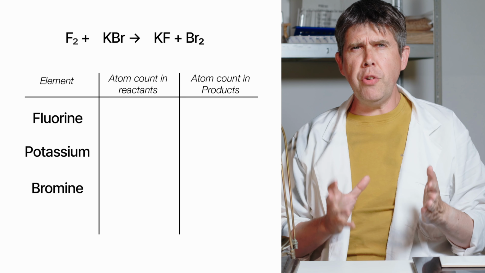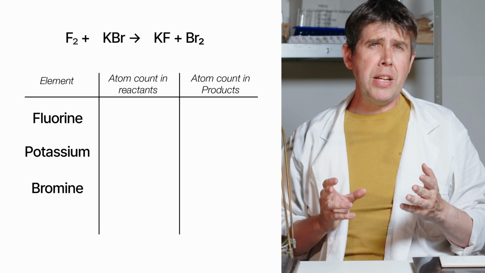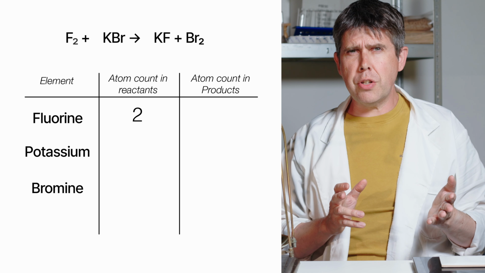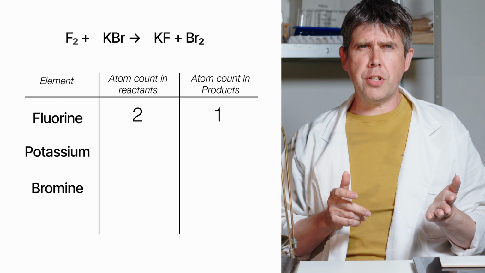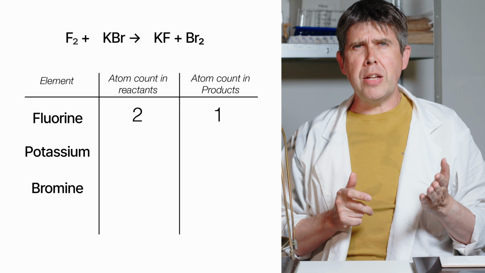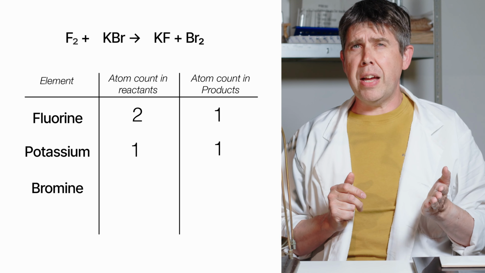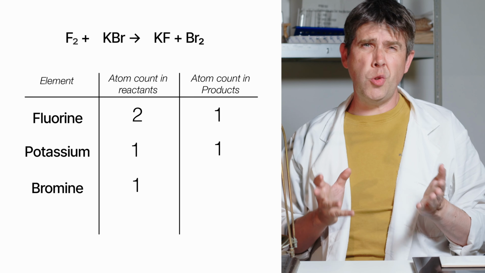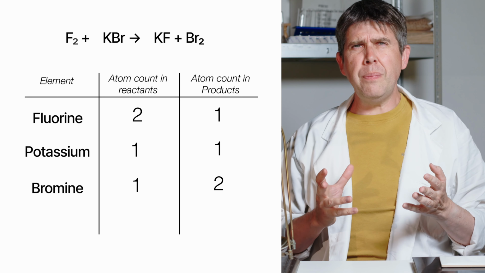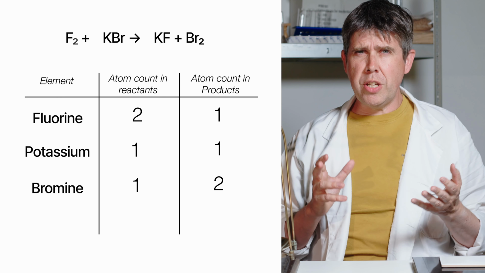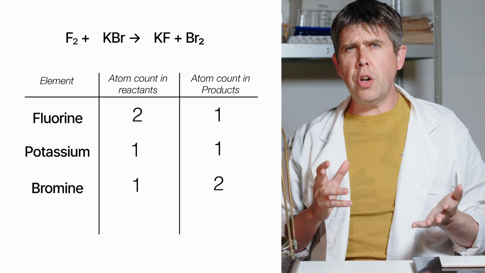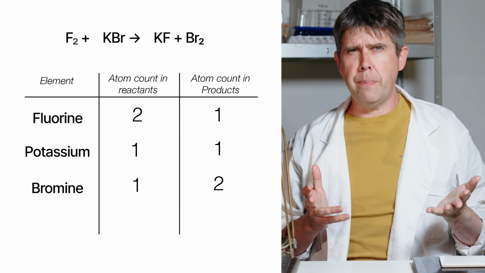This time we have 3 elements involved, and there's 2 fluorines in the reactants, but only 1 in the products. There's 1 potassium on each side, and for bromine, there's 1 on the reactant side, but 2 in the products. Now, it doesn't really matter where we start, so let's just look at those fluorines first.